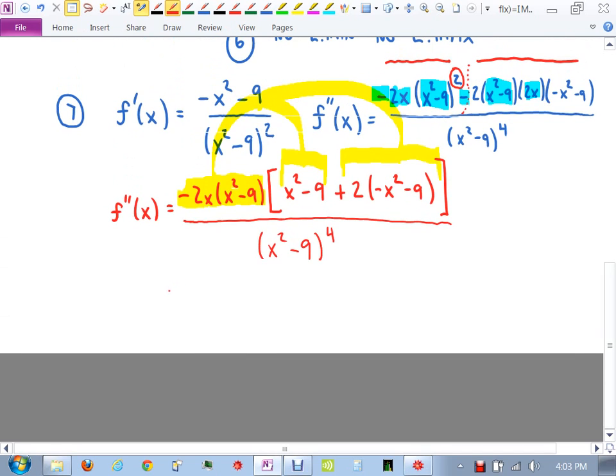Help me clean up the inside of that big bracket. What does that big bracket become when you clean it up? Negative x squared minus 27.